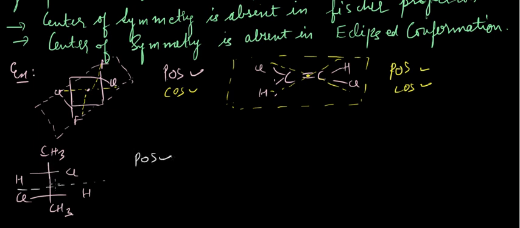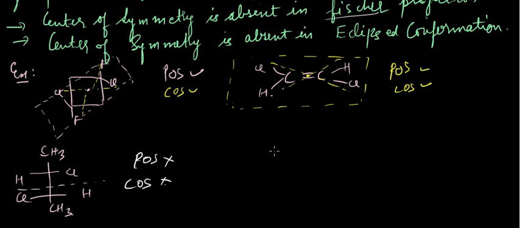Center of symmetry is, oh sorry, POS is also not there in this compound, because the mirror image of Cl is missing here, because H is here on the first carbon atom. So Cl is not present, hence POS is not there, COS is also not there, because as we have already written that center of symmetry is absent in Fischer conformation.